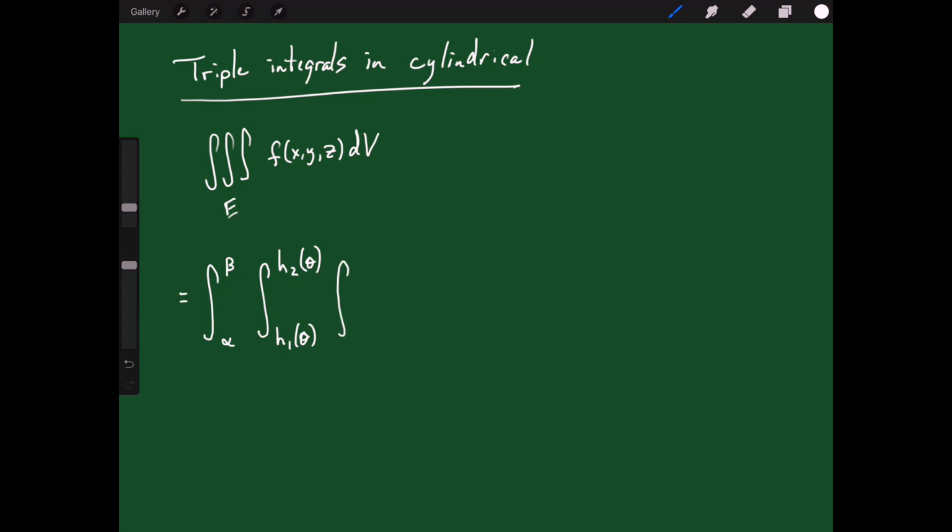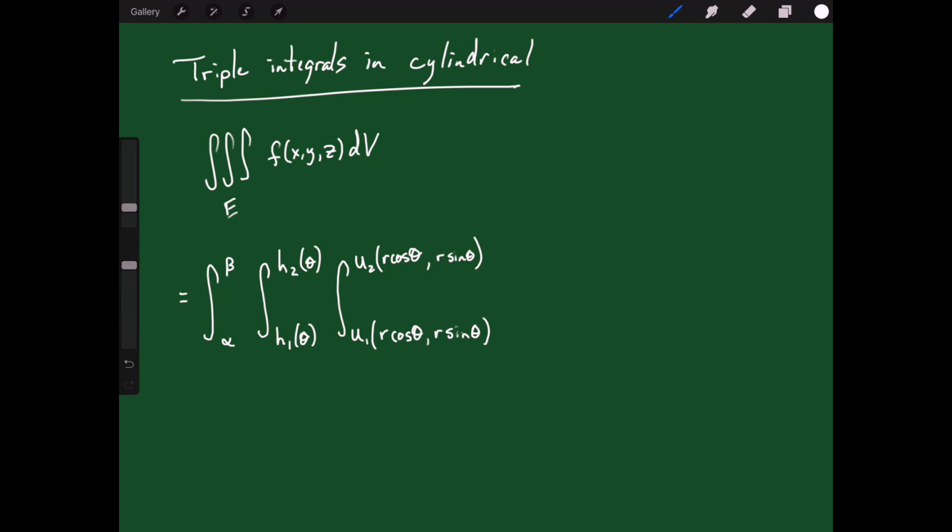And then the integral from u sub 1, which would be a function of x and y, but really we can describe that as r cosine theta and r sine theta, to u sub 2 of r cosine theta and r sine theta. Those are surfaces that are functions of r and theta.